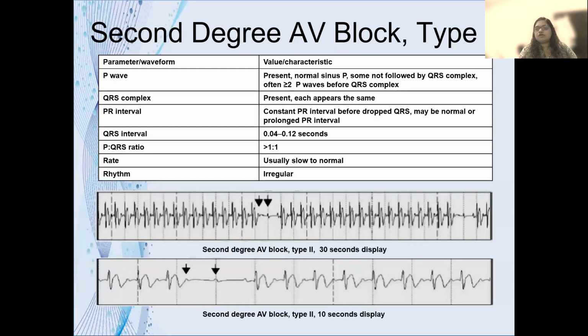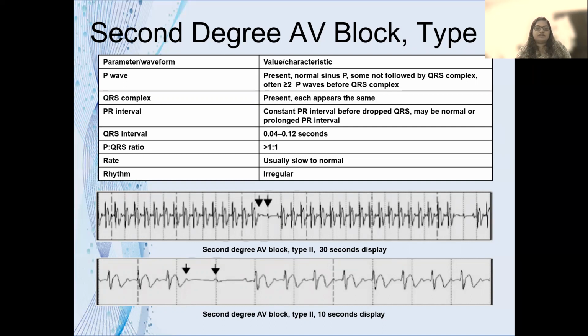Second degree AV block type 2 is when you have normal sinus P, some not followed by the QRS complex. And rate is usually slow to normal and rhythm is irregular. See here. So you have a P wave not preceding a QRS complex.